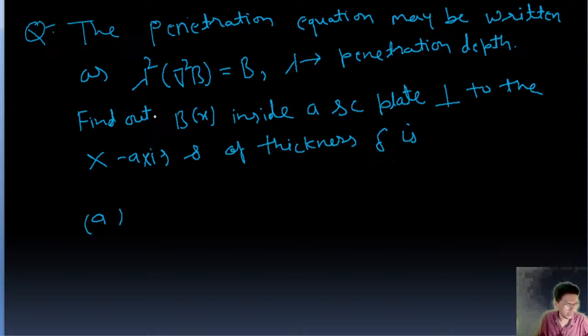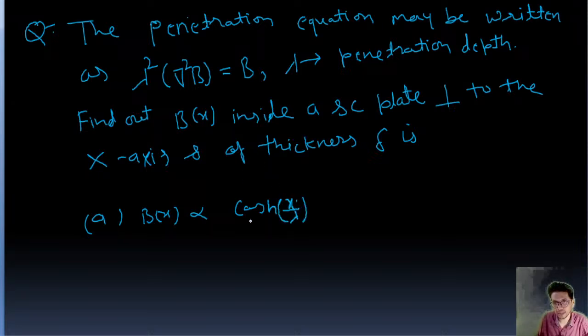Option A is Bx proportional to cos hyperbolic x by lambda upon cos hyperbolic delta by lambda.